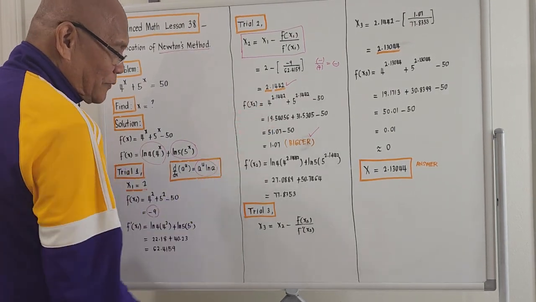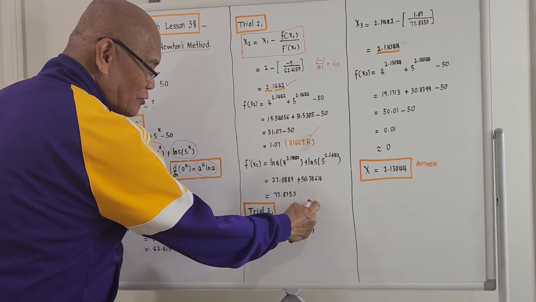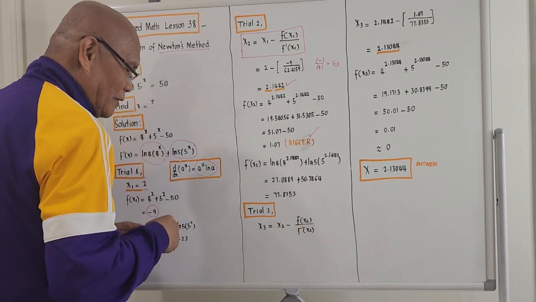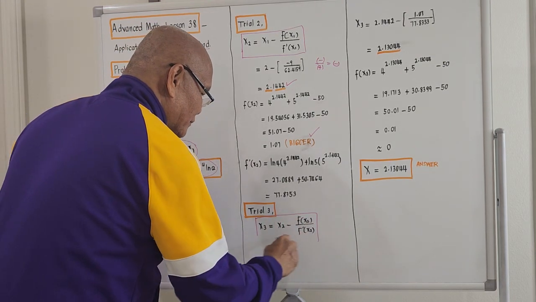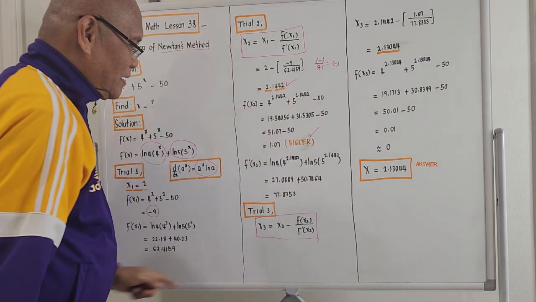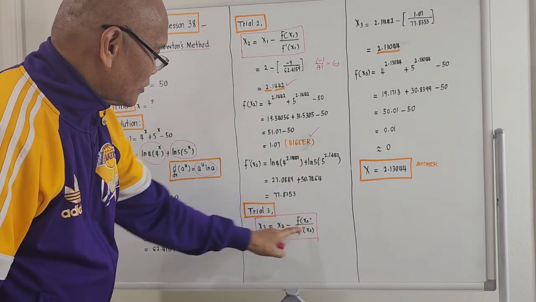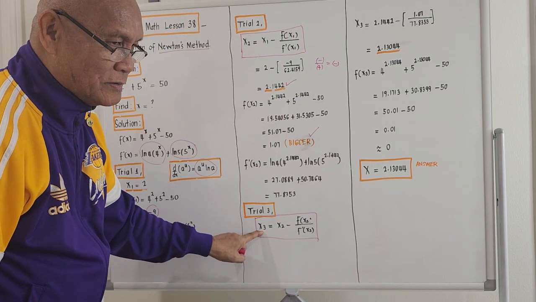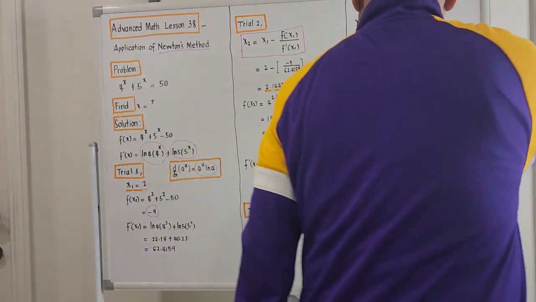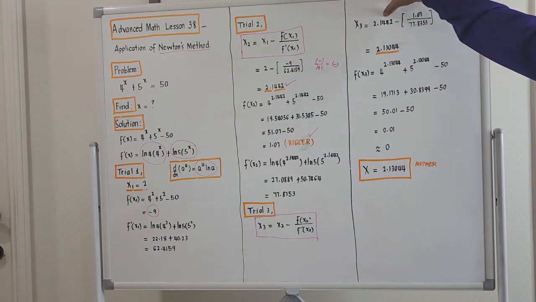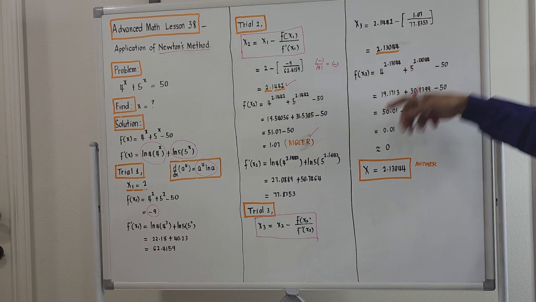Trial number 3, x3 will be equal to x2 minus f of x2 over f prime of x2. This is Newton's formula. Right? This is with the subscript 2, so this should be subscript 3. Okay, let's try to compute for x3. x3 now will be x2, which is 2.1442, minus open bracket.